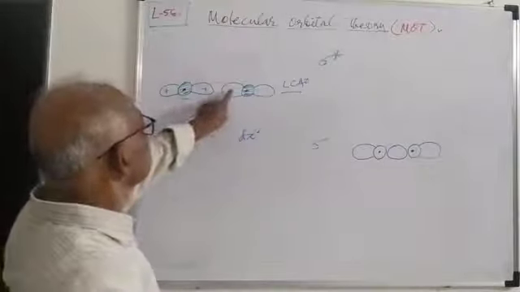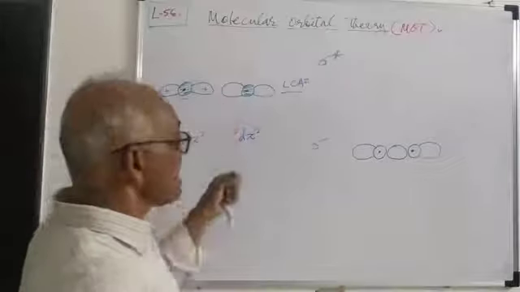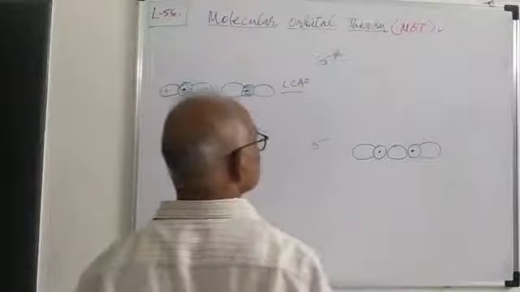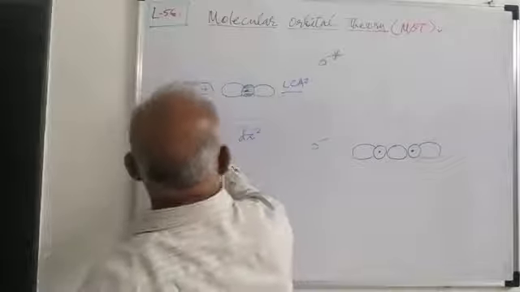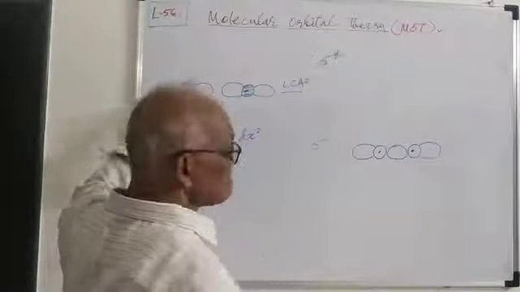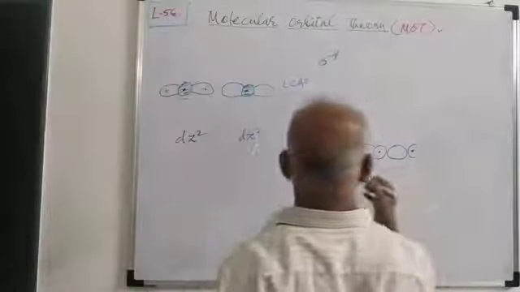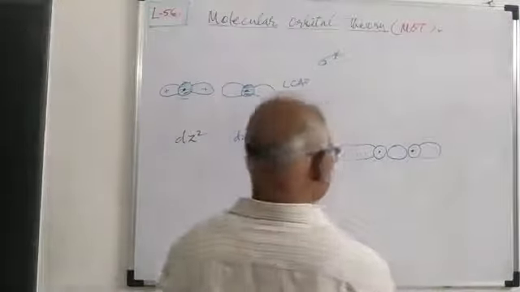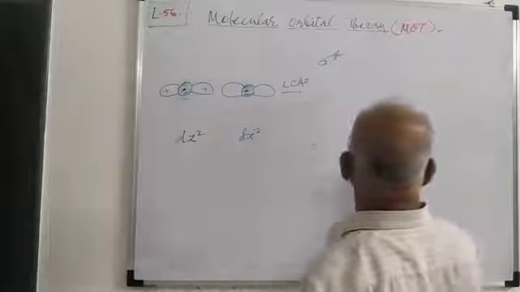So these two clouds, these two lobes are united together to form this lobe, and these are also changing here. Means this is actually reduced in size. The signs of wave functions are different, so we can also show these signs here.